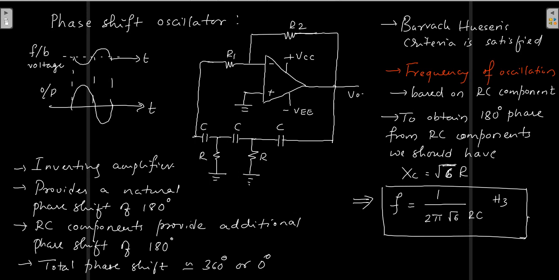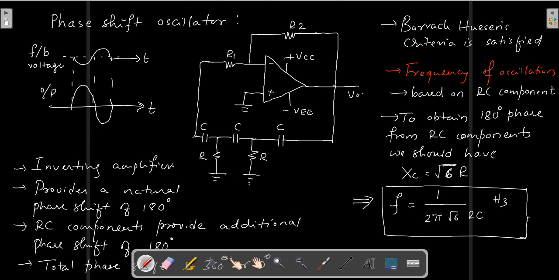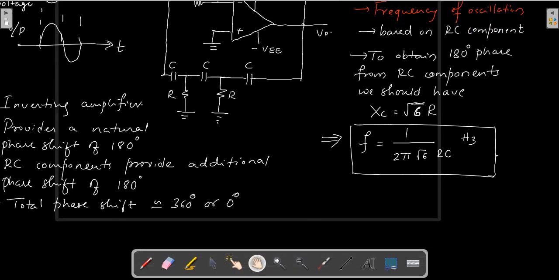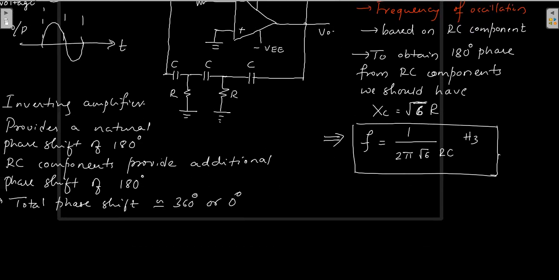Now, apart from the frequency, the RC phase shift network also produces an attenuation. You know the meaning of attenuation, right?